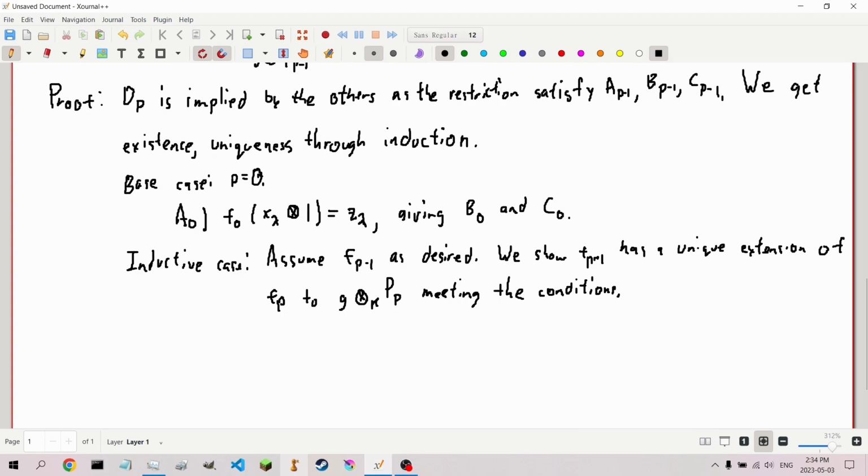First, we need to define FP of X lambda tensor Zm for our new M, because M is going to have one more term than we had before, remember, because it's going to be an increasing sequence of P terms.